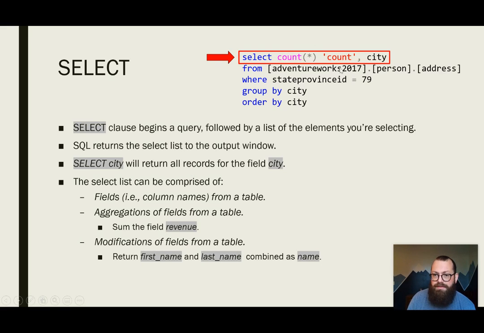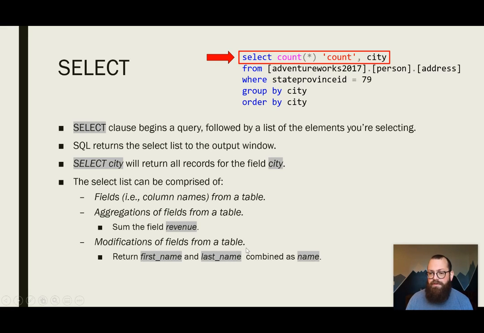Each element in the select list is separated by a comma, but it can be comprised of a few different things. The standard is just a field from a table. So in this particular select list, the second element is the field city. They can also include aggregations of fields from a table.